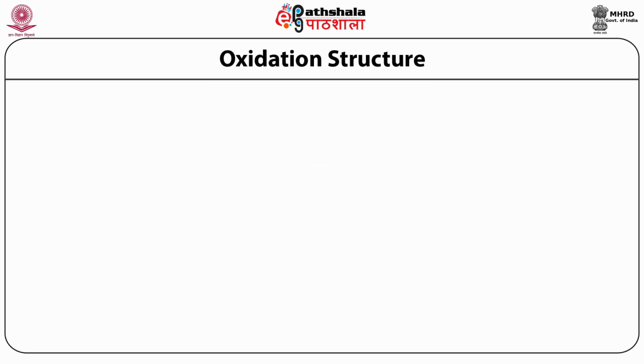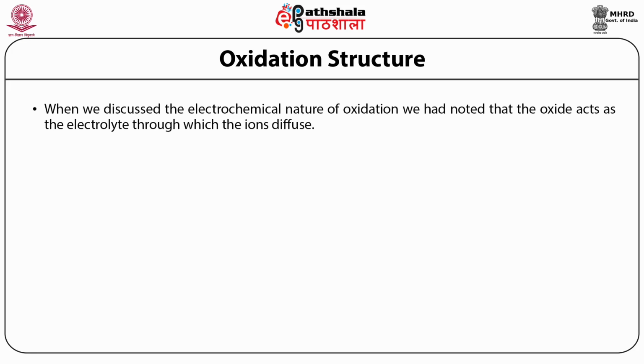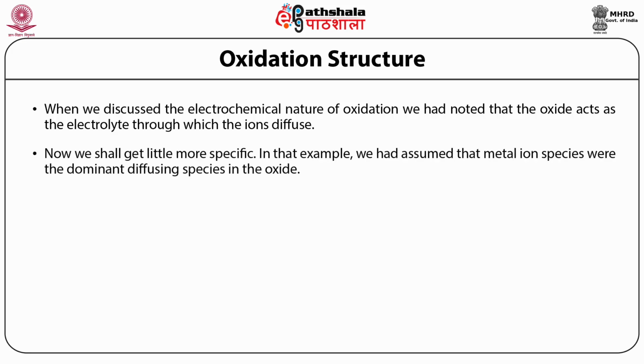Oxidation structure. When we discussed the electrochemical nature of oxidation, we had noted that the oxide acts as the electrolyte through which the ions diffuse. So now we shall get a little more specific.